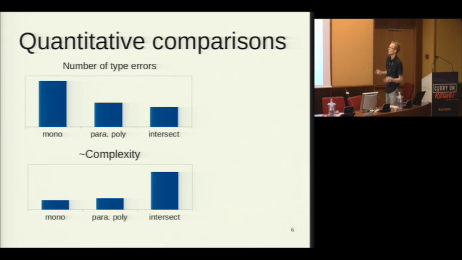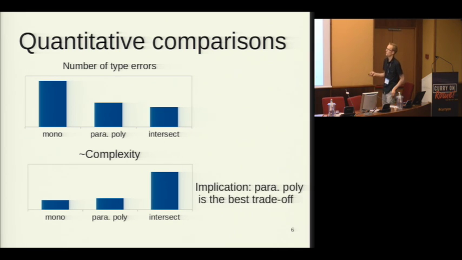But if you also consider the complexity of actually supporting intersection types, you might find that they are considerably more complex, and it's just not worth spending a lot of time on implementing intersection types for the few extra programs that you can type check. So the implication here is that maybe parametric polymorphism is actually the best trade-off.